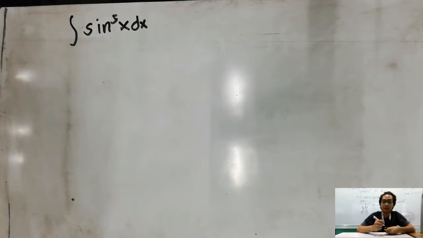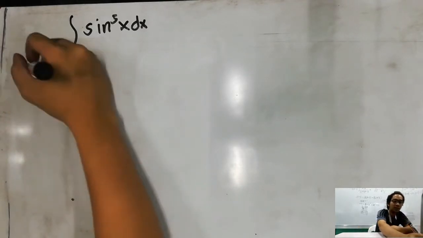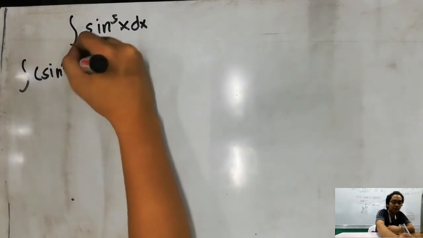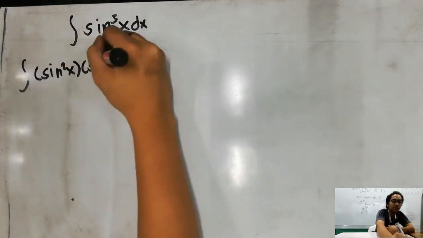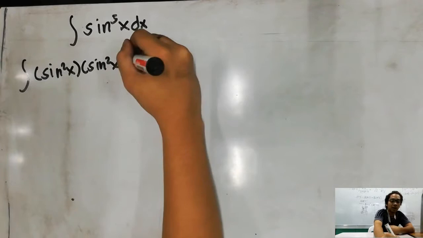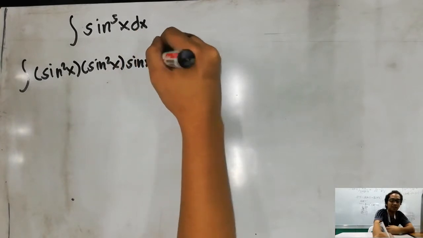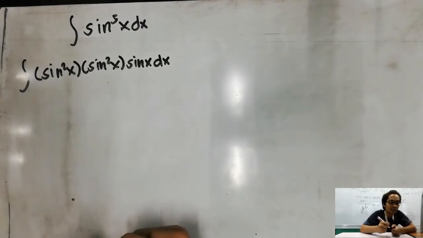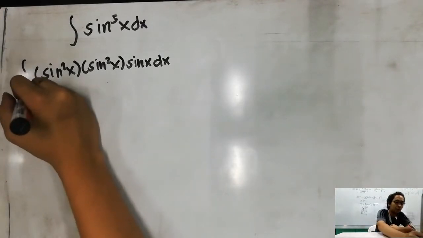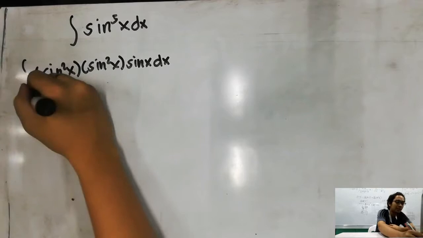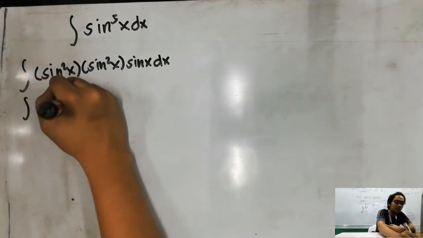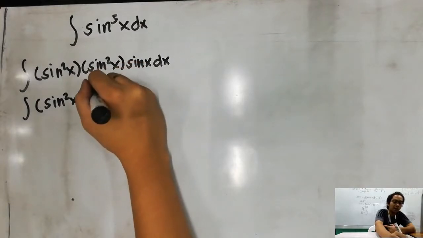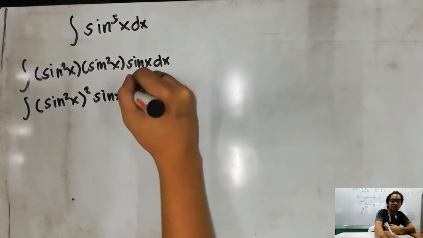We may rewrite it as the integral of sine squared x times sine squared x times sine x dx. Then we combine sine squared x. It will now be equal to the integral of sine squared x raised to 2 times sine x dx.